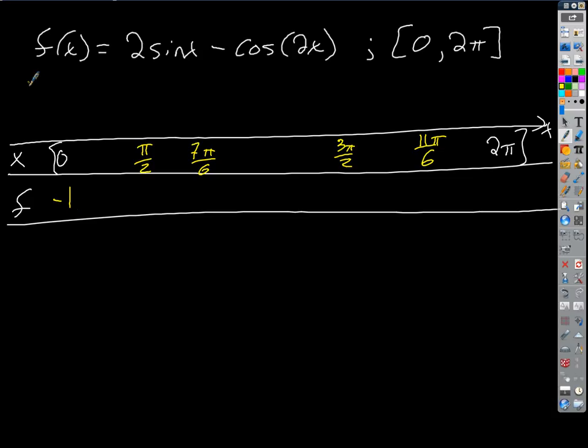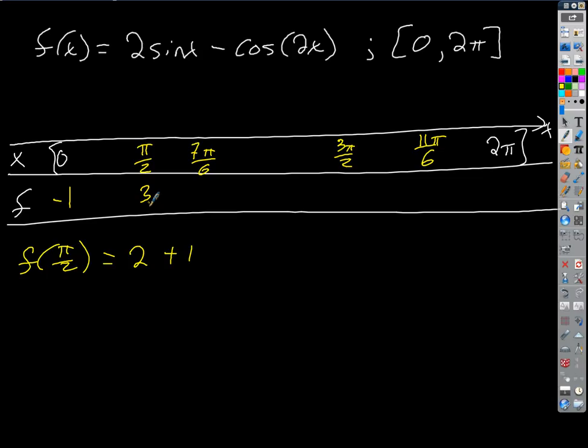So f of pi halves, let's do this down here, is 1, isn't it, right? Times 2 is going to give us 2 minus, now what's the cosine of 2 times pi halves? 2 times pi halves is pi, right? So cosine of pi is negative 1, isn't it? So we're going to subtract negative 1. So I get 3. Good.